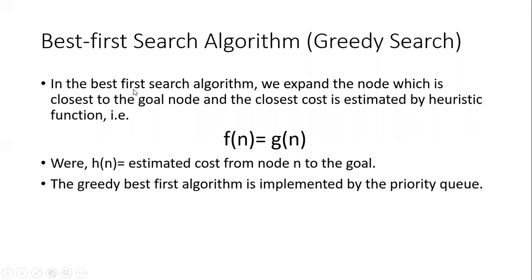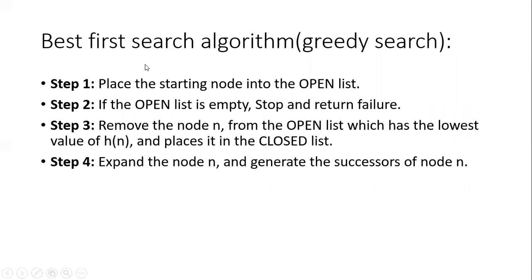The estimate, like we saw earlier, is given by h of n, which is the estimated cost from that particular node to the goal. So quickly, let's look at the algorithm, and then from there we do an example.